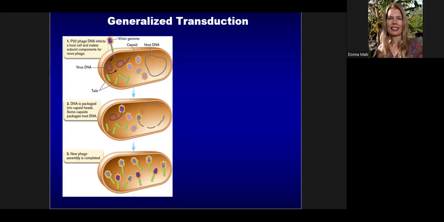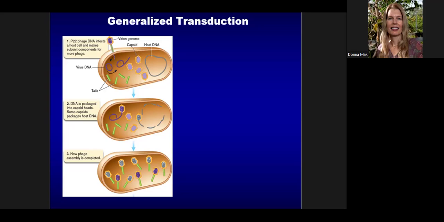And as they're doing that, they have to package in their purple viral nucleic acid. But you see here, that's not purple, right? So what they're trying to show here is that every once in a while, the viral particle gets the wrong DNA put into it. It's host DNA that's getting put into it instead of the viral DNA.